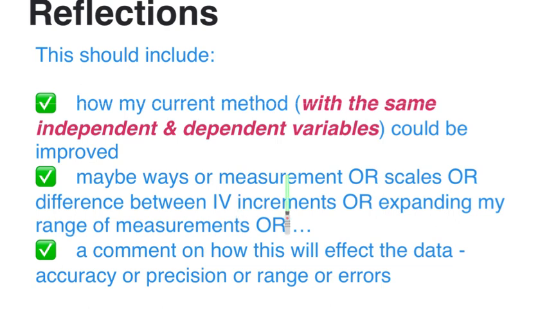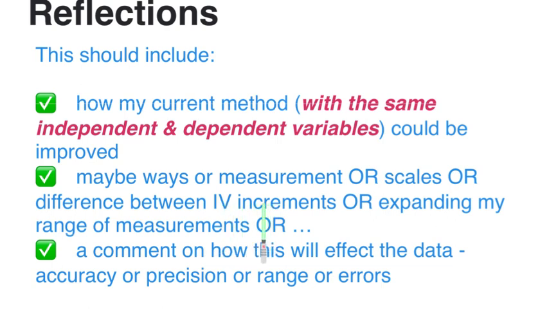So maybe you chose the wrong way to measure things. Maybe there were other ways to do it. Maybe you chose the wrong units. Maybe you chose cm cubed instead of litres. Think about the scale and think about what you use to make your measurements. Think about the independent variable increments. You might have said, I'm going to make measurements every 2 cm cubed of whatever, volume of gas or whatever.